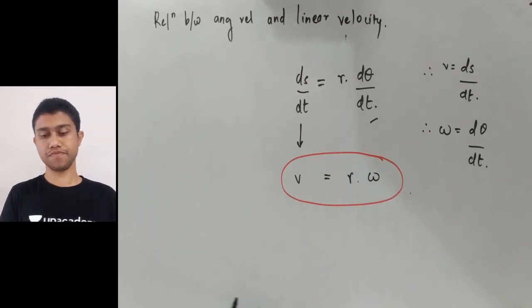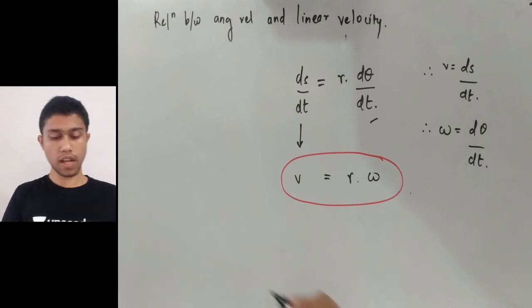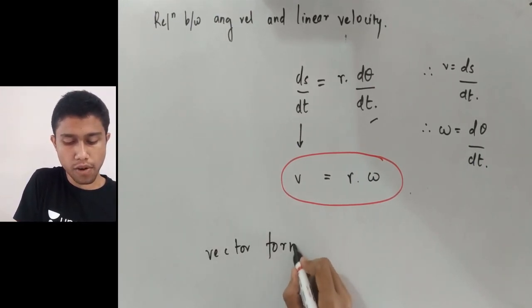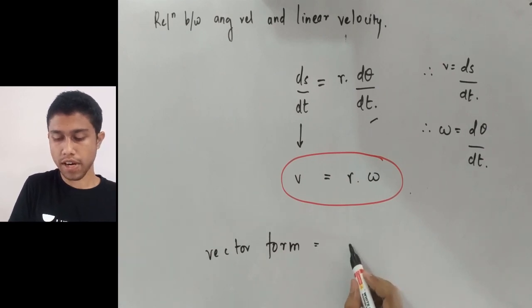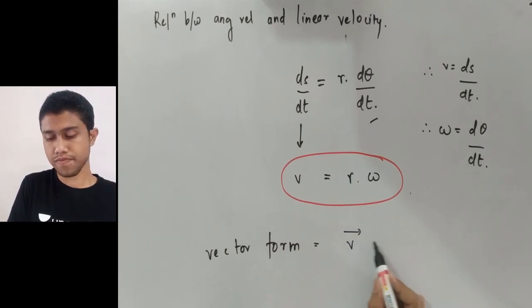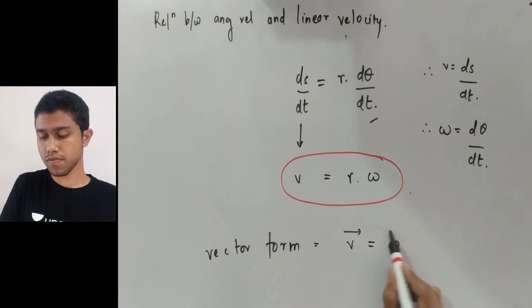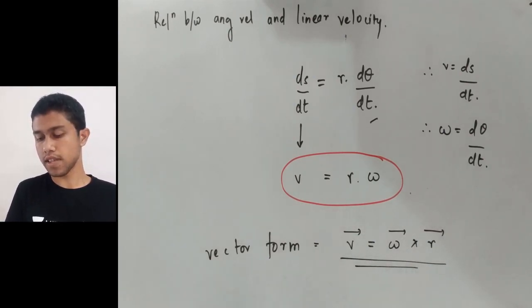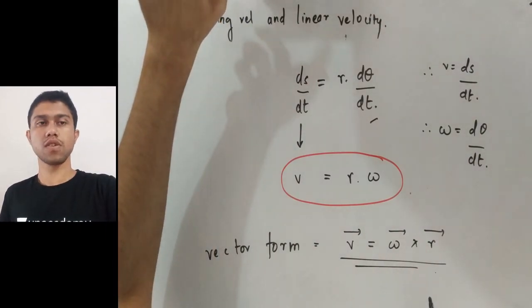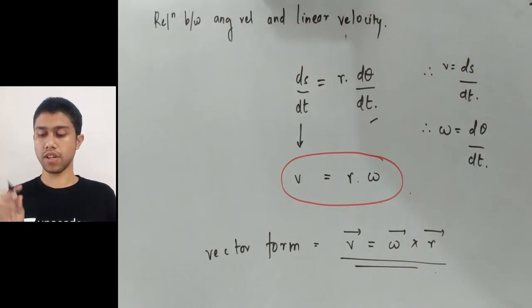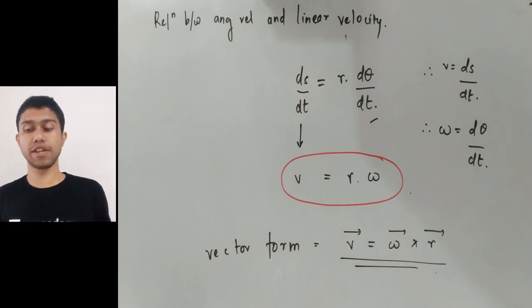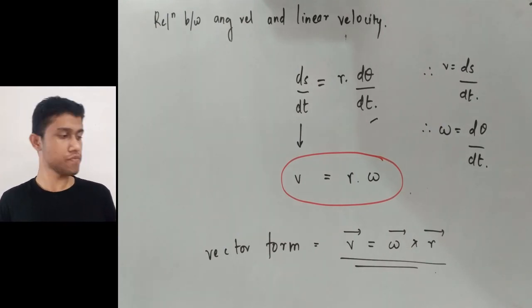Okay, now I have to find the vector form. So what is the vector form? This is the vector form of the expression. Linear velocity vector is equal to angular velocity vector cross position vector.